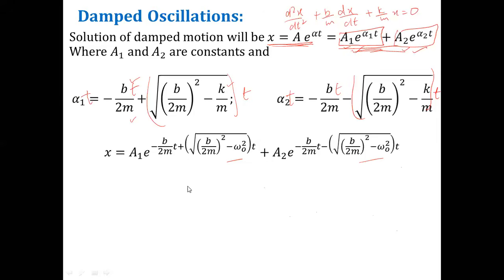Now, in this case, I would like to get the expression for damped oscillation frequency in terms of undamped frequency. We know what was the frequency for an undamped case, right? That was given by your omega naught, and your omega naught we defined to be equal to square root of k over m. I would like to know what is the frequency for the damped oscillation.